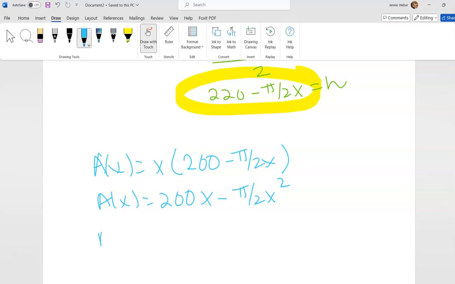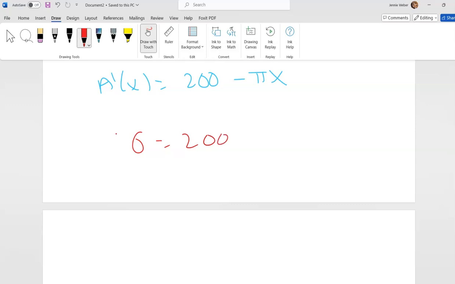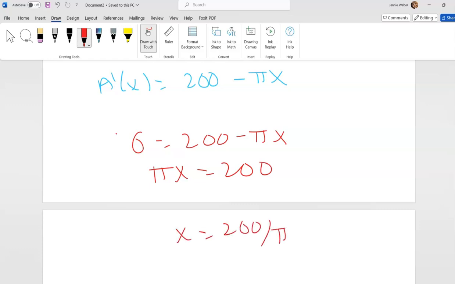Okay, now I'm going to take this derivative, and I get 220 minus pi x. Then to find when this maximum occurs, I'm going to set this equal to 0. So now I get pi x equals 220. So then x equals 220 divided by pi yards. So this would be my x.